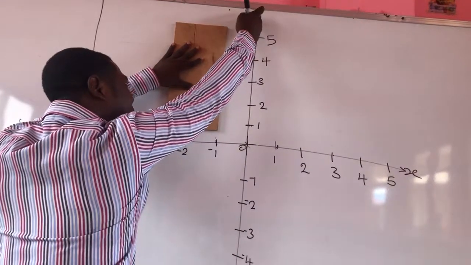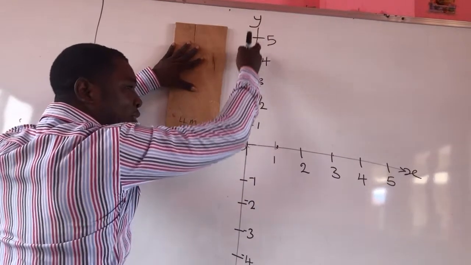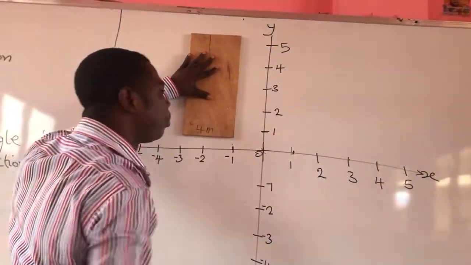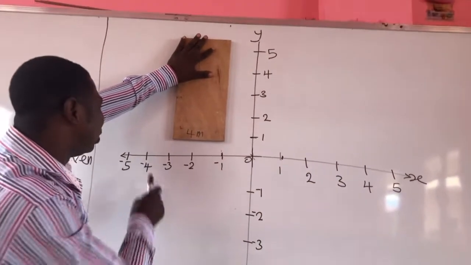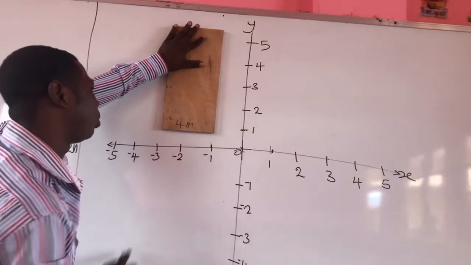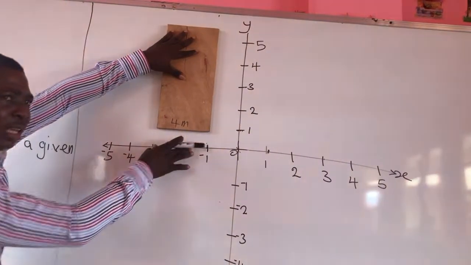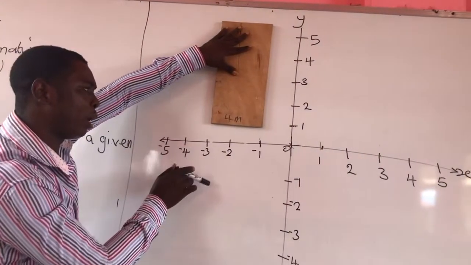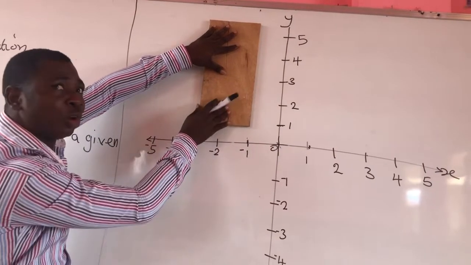When I'm using the y-axis as the mirror line, that is one case. Another one: when this image is here and you are using the x-axis as our mirror line, the image will be here, but because the mirror is here, this object will be showing here.